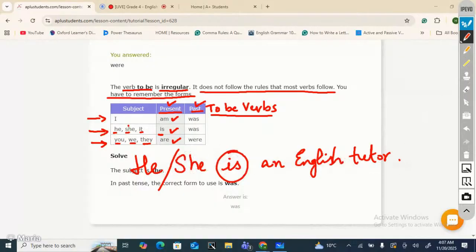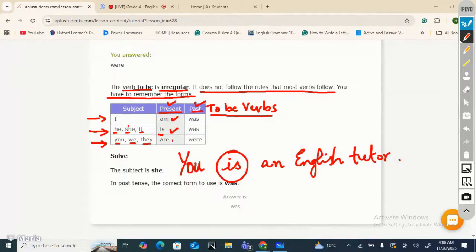Okay, let's change the subject again. Well, if the subject is you, can we use the same form of the be verb?